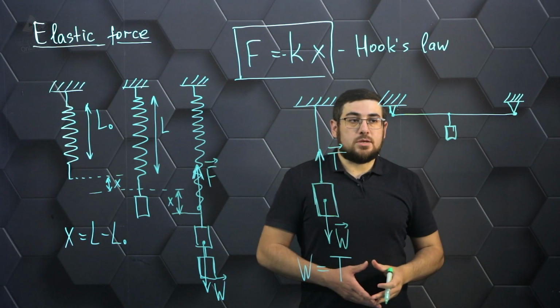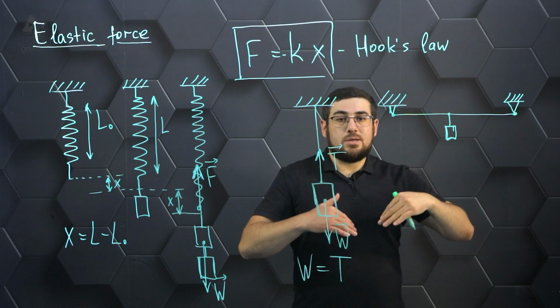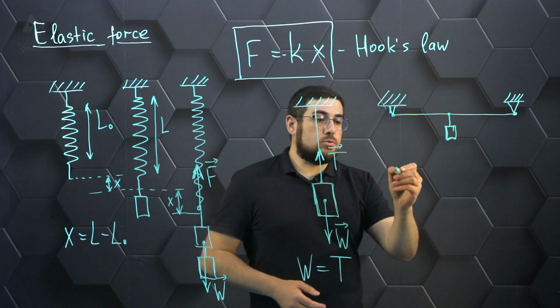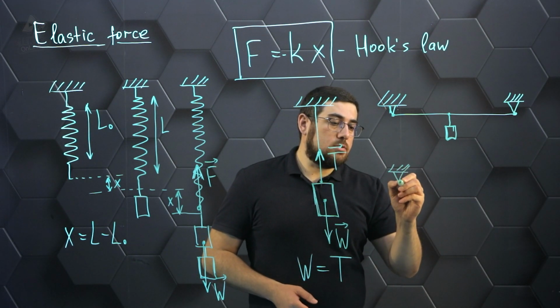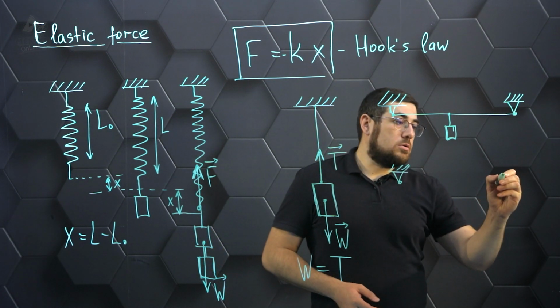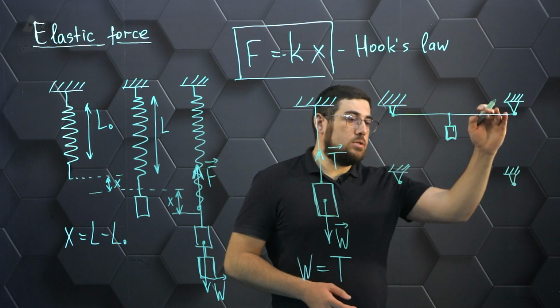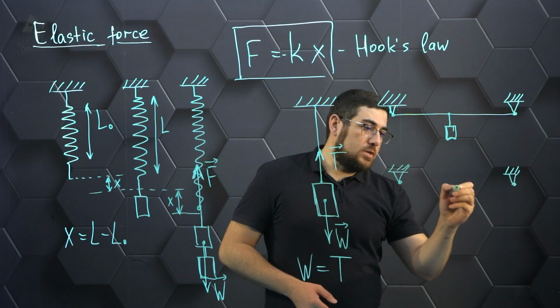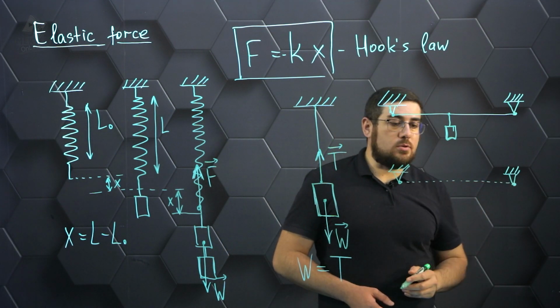Naturally, this body, due to its weight, starts to change the shape of this construction as a whole, and as a result we can draw that the situation has changed, and the geometry of the thread itself has also changed. That is, in this case, relative to its initial position, which the thread occupied horizontally, now it occupies this position, that is, the middle will sag under the action of this object.